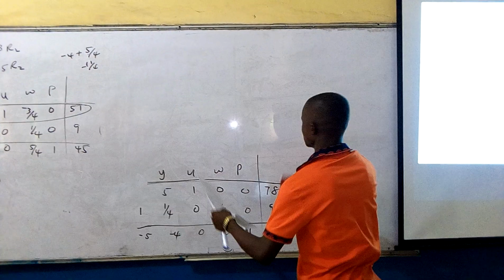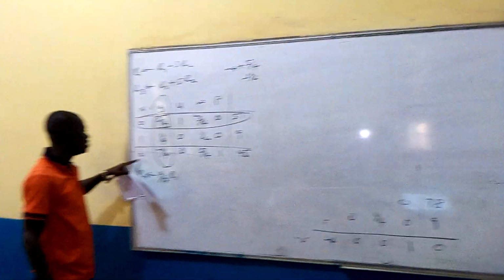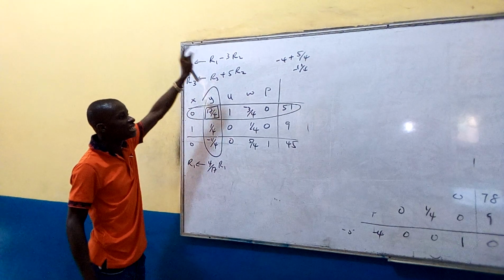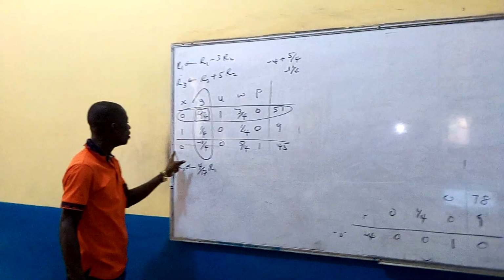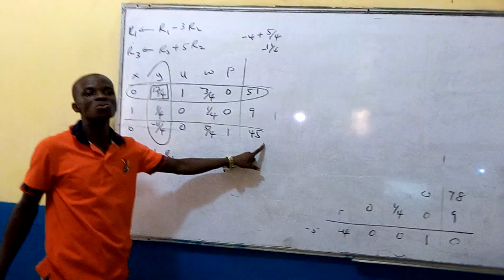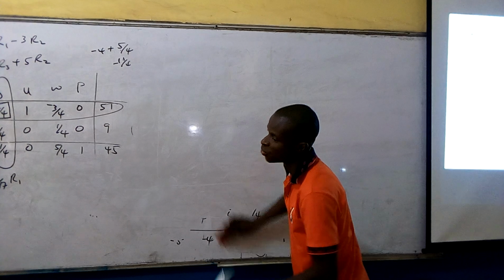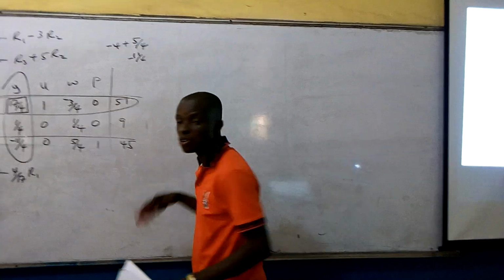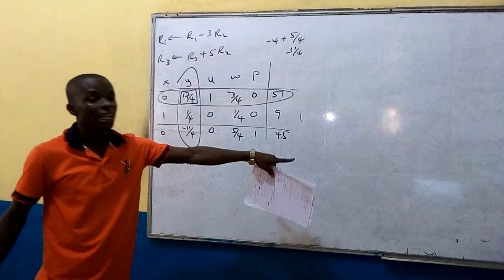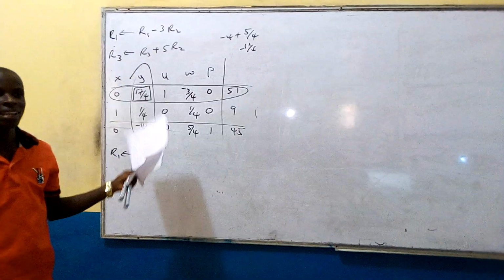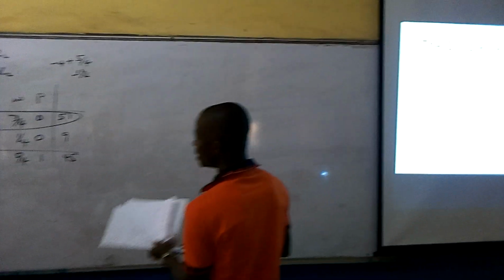But the clue is, if there are no negatives in the last row after converting the objective function into the tableau, you are done. That is the solution. It can be that just after one iteration the row will have no negatives, then you are done. So long as there are negatives, you continue. If there are none, then you are done.